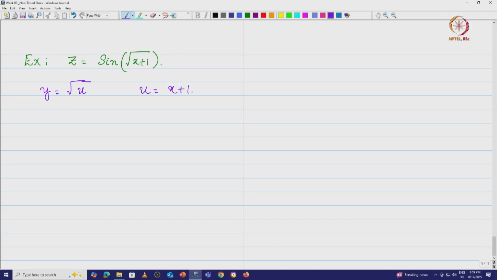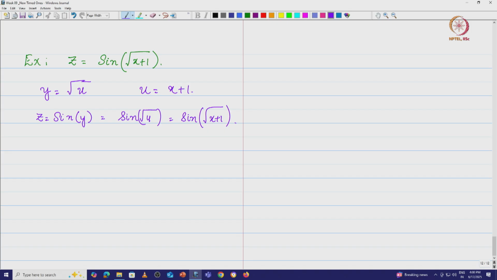So, what do we have? We have z is equal to sine of y, which is nothing but sine of root of u, which is nothing but sine of root of x plus 1. Y is equal to root u, and u is equal to x plus 1. Okay, great.